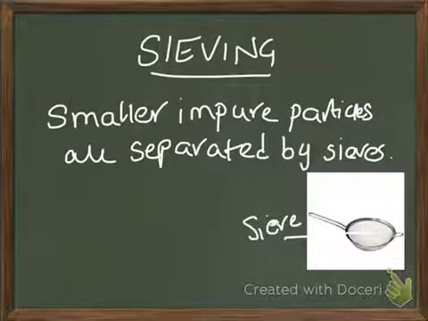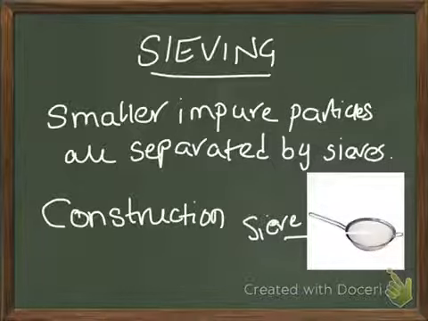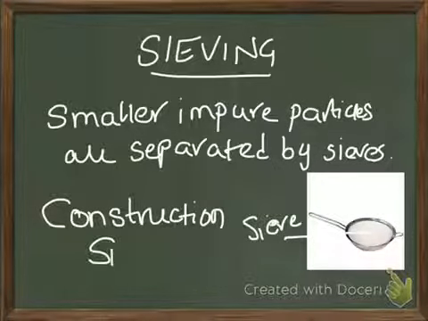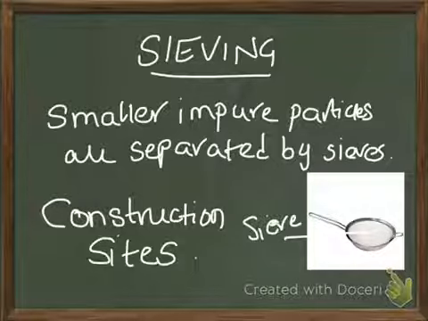You might be wondering where they are used. They are used at construction sites to separate sand from rocks. The pure sand is separated from rocks in a machine called a sieving machine. From the left-hand side, all the rocks fall down, whereas the sand comes out as pure sand. So this is what sieving is.